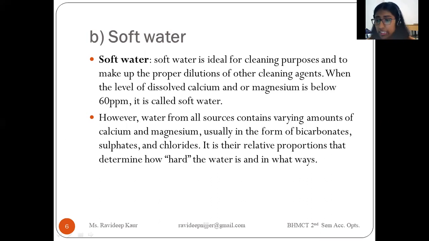So it is the relative proportions that determine how hard the water is and in what ways. The level of hardness of the water is described on the basis of these contents.